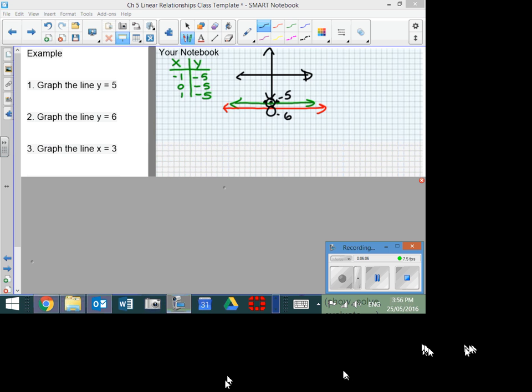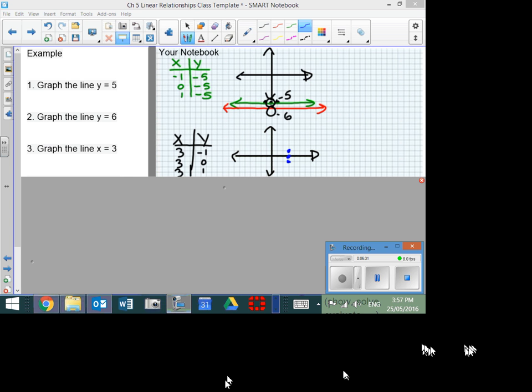So then my question is, what would happen if x is equal to 3? So instead of being told what your y value is, let's say that if you made a table, it says that your x has to be 3. So now, if x is 3, your y, again, could be anything. So let's say this is -1, 0, and 1. Try to graph those points and see what they look like.